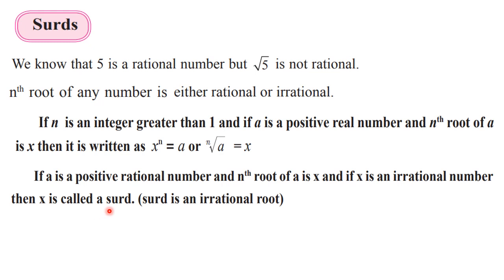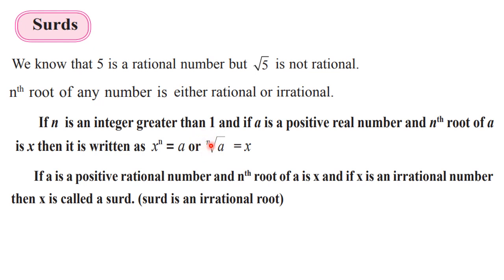And what is the meaning of surd? Surd is an irrational root. In all, this number should be irrational. With various examples, when we study, you will understand the definition better. As I have said, you should have three conditions.